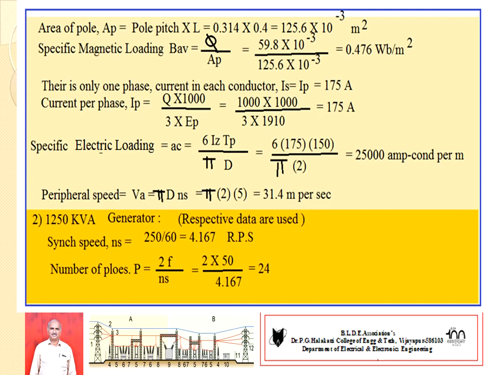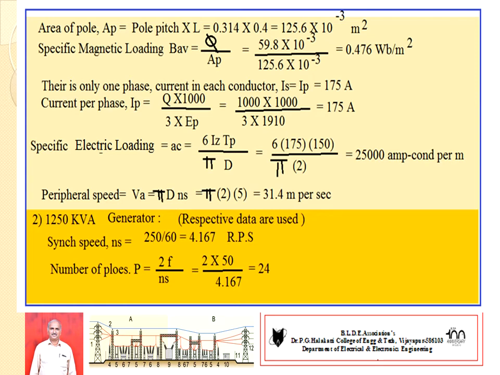One data we found: there is only one phase in the first part for the 1000 kVA alternator. Hence, one phase means one circuit, or number of parallel paths, A equals 1. Hence, current through the conductor equals phase current. Getting the idea?